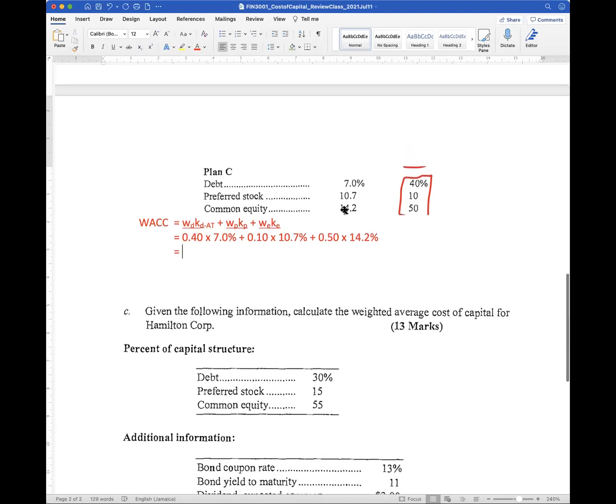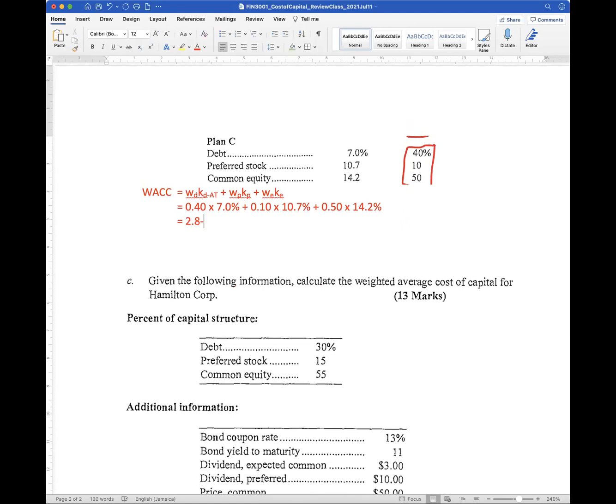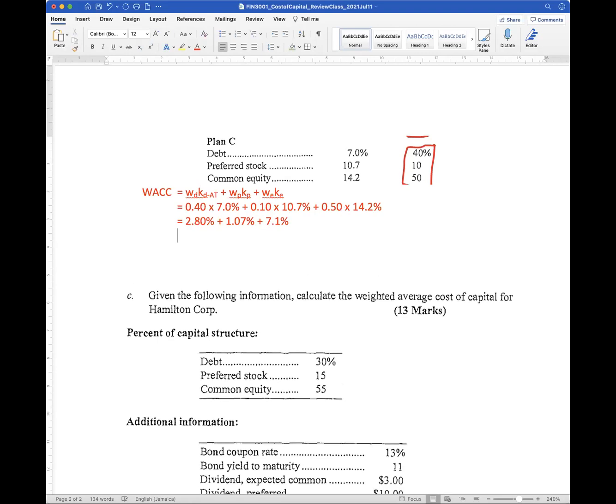All right, so work out that one for me. 2.80, then 1.07, and 7.10%. Right. And we get 10.97%. So it's straightforward stuff for the work, putting it together.